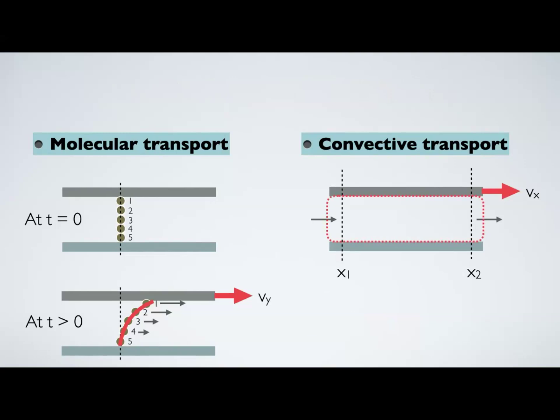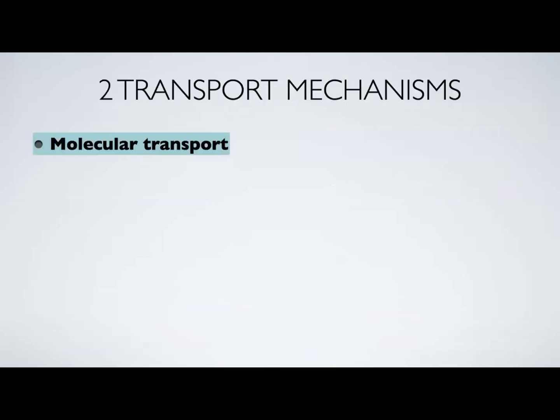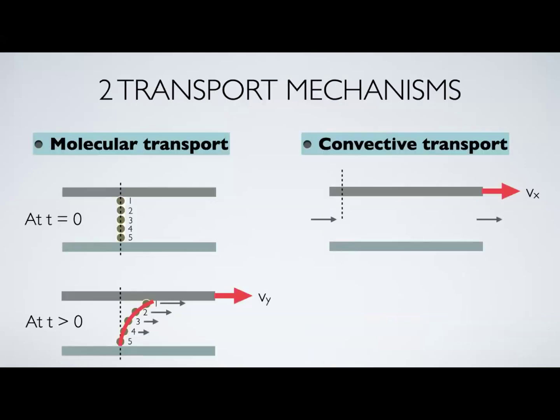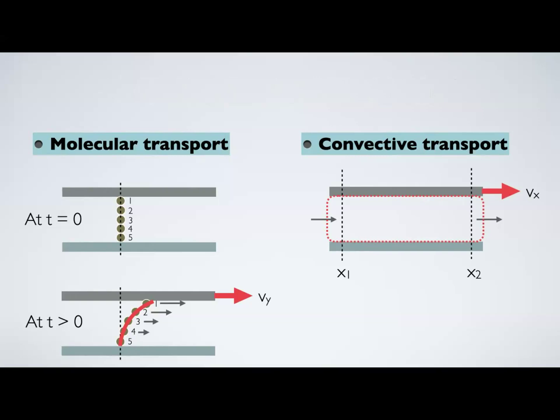It is convective transport because the medium, in this case the fluid, is moving, it's flowing. So it's going to convect the velocity from this point x1 to x2. These two mechanisms can be incorporated in mass, energy, and momentum, like I mentioned.